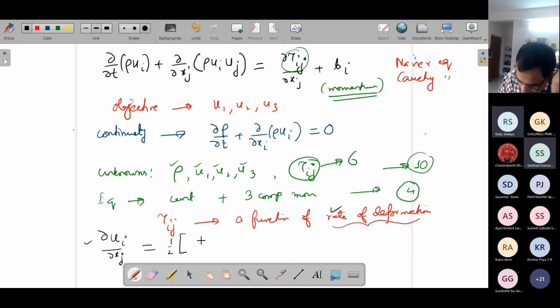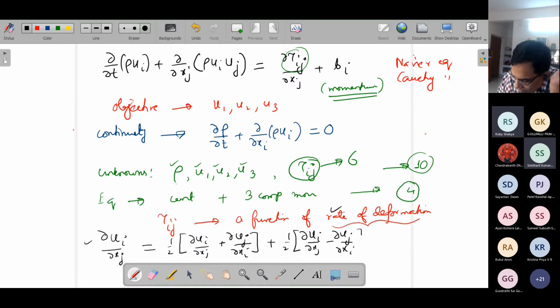We have earlier seen that there is something physical that we can retrieve by writing it in this way as a simple identity, by expressing it in terms of a symmetric and a skew symmetric component. The skew symmetric component is related to rotation, and the symmetric component is related to deformation.